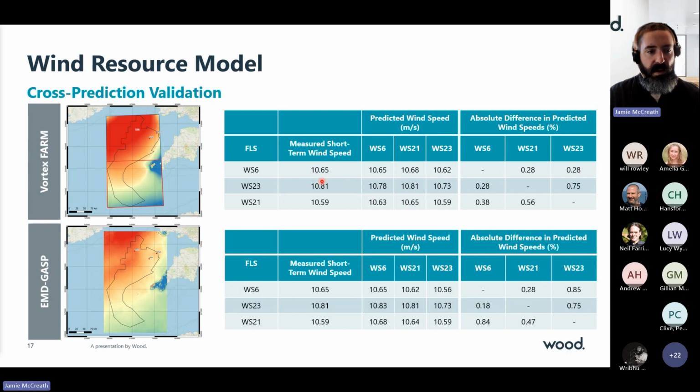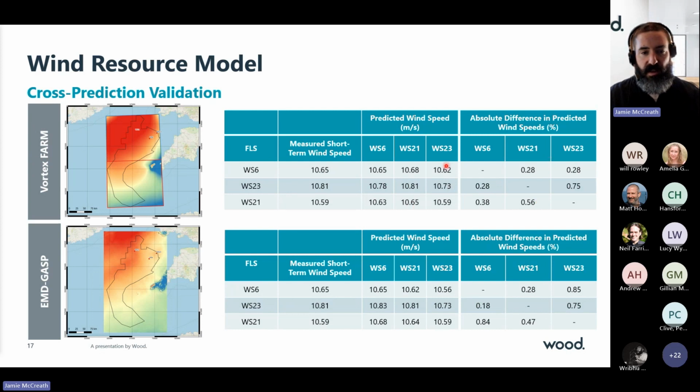We're then using that to initiate the model, and we're using the modeled distribution to then predict what the wind speed's going to be at the other 2 LiDARs, so at WindSea 21 and at 23. So we're basically predicting how well the model is determining the wind speed at those other LiDAR locations. And that's basically what we've done for each of them. We've done it for Vortex Farm and also for the EMD model.